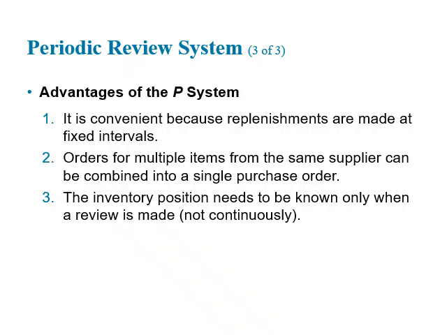It's a simpler system, and we only have to worry about how much inventory we've got on the shelf when it's time to place the order, every other week, or maybe every week, every 3 days, whatever it is. We don't have to have a perpetual record, and we don't have to be watching this 100% of the time to know that we've reached the order point and place our order.